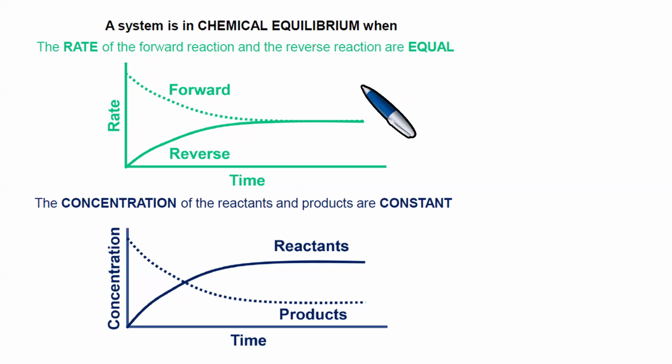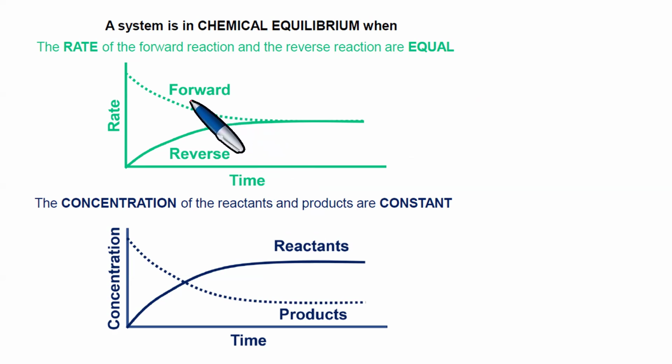When do we have what we call chemical equilibrium? A system is in chemical equilibrium when the rate of the forward reaction and reverse reaction are equal. So we're defining here what we call chemical equilibrium, and that occurs when the rate of the forward and reverse reactions are equal. Let's continue right now and see what more we have here.